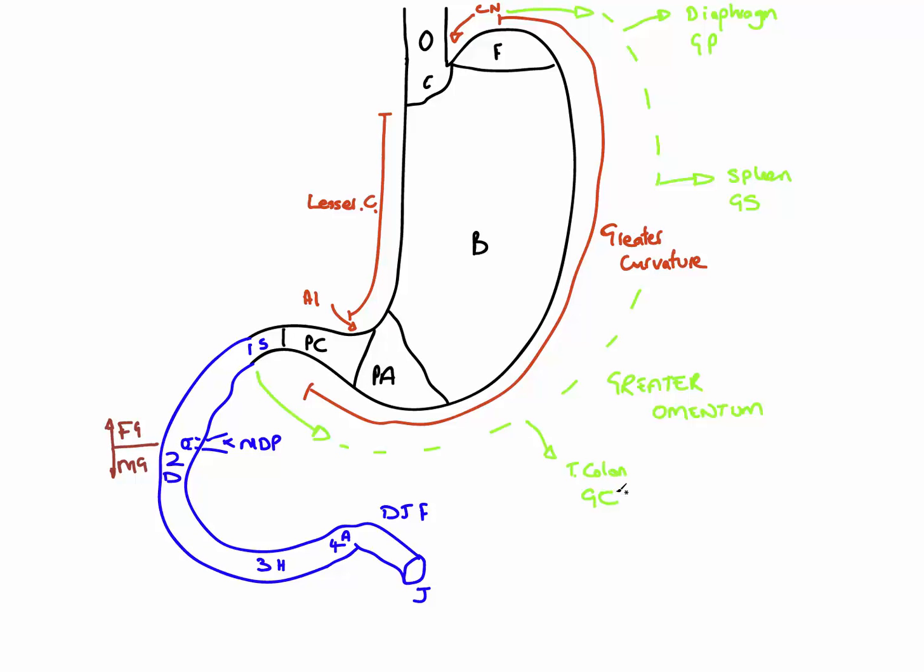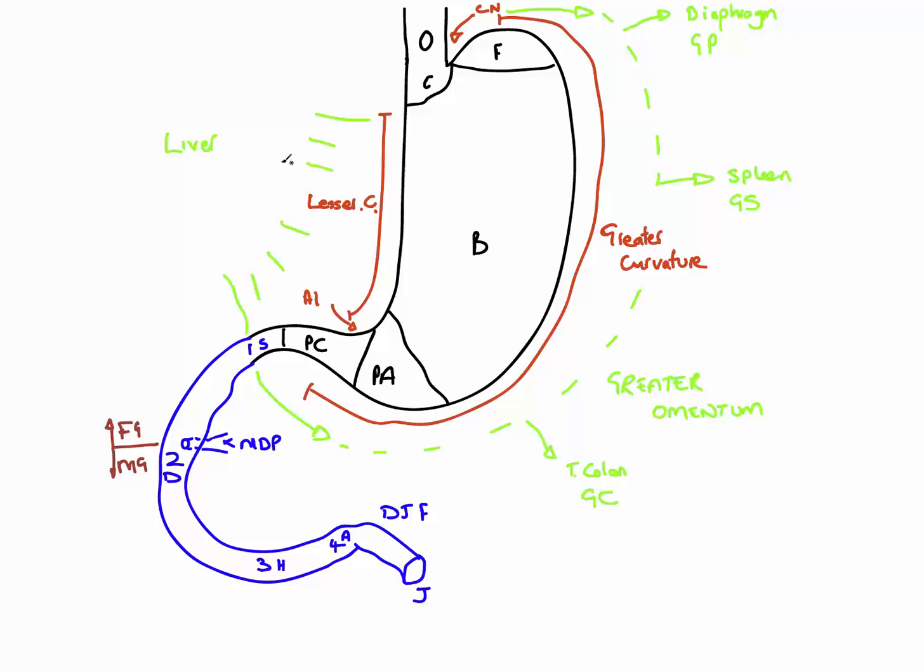If we've got a greater omentum associated with greater curvature, we're also going to have a lesser omentum associated with the lesser curvature. And the lesser omentum is passing towards the liver. So here we can see the lesser omentum is passing towards the liver. Specifically, we have a part of the lesser omentum that goes from the liver to the stomach.